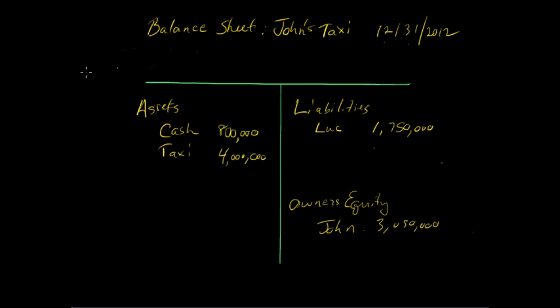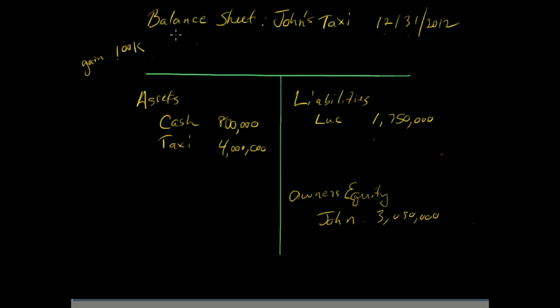But then we have the next 3 months of operation come, and there's actually a gain. Instead of a loss, there's income, there's profitability of 100,000. And so how does that impact the balance sheet?